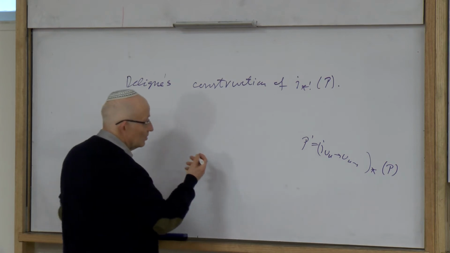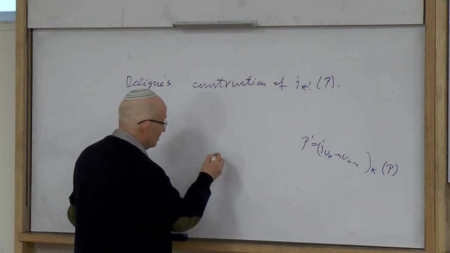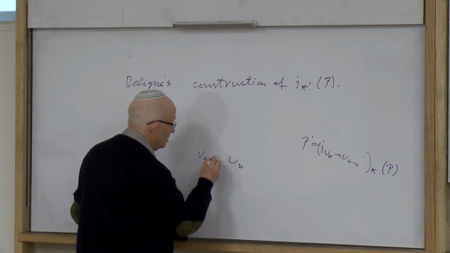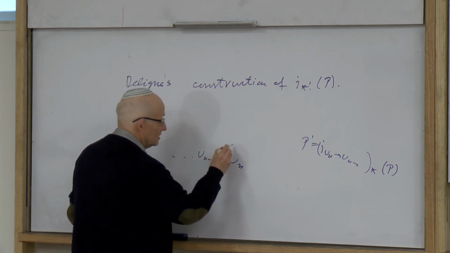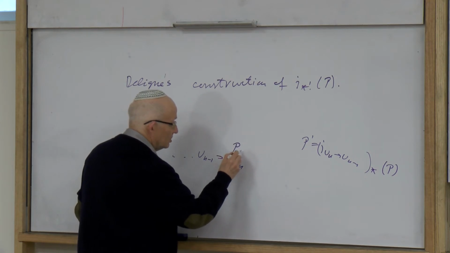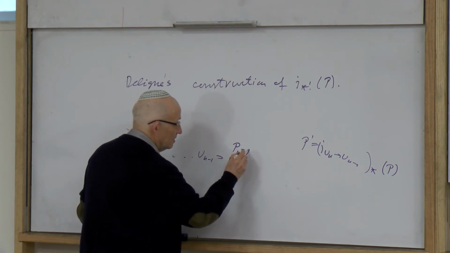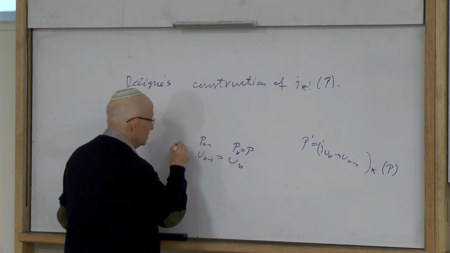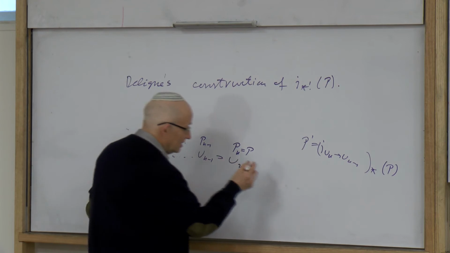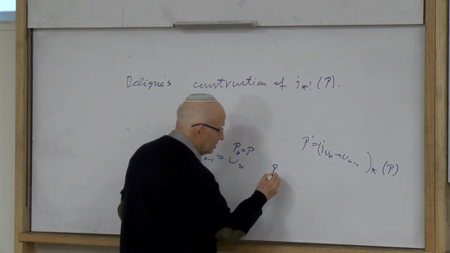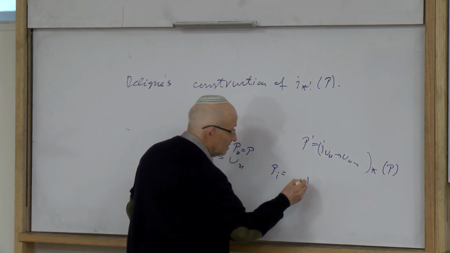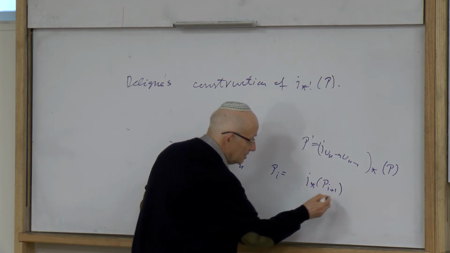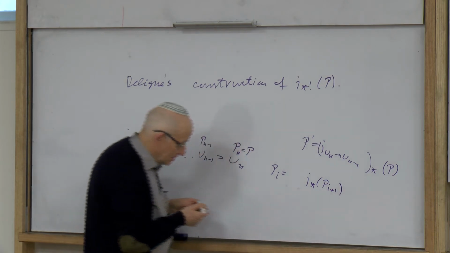Okay, so let's construct a family. So I have U_{n-1}, and so on. I construct P_n, which is just P_{n-1}, and so on. I construct P by induction. P_i, I consider j_* of P_{i+1}, and I just look at this guy.